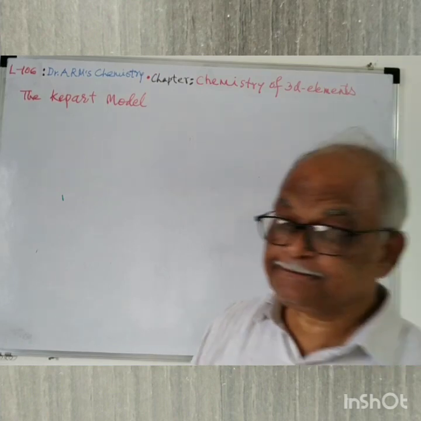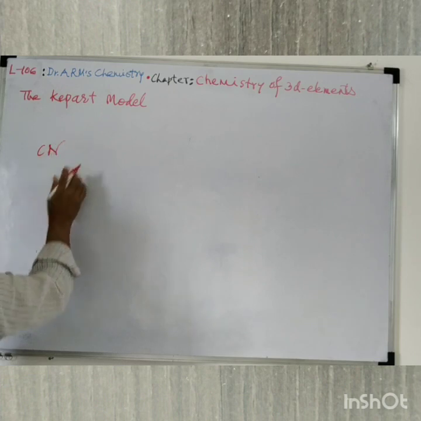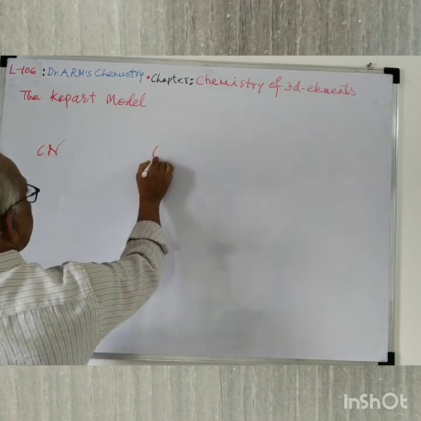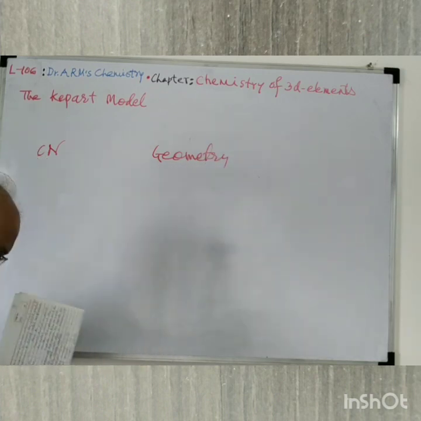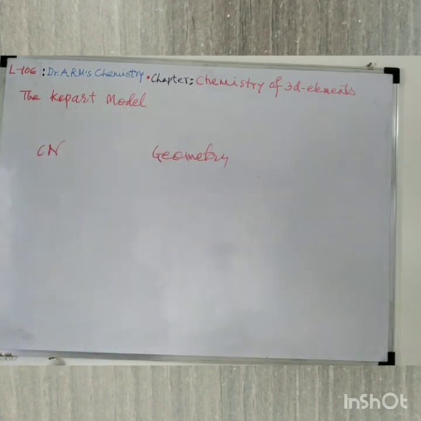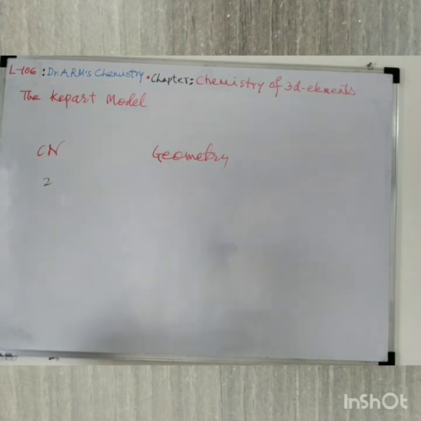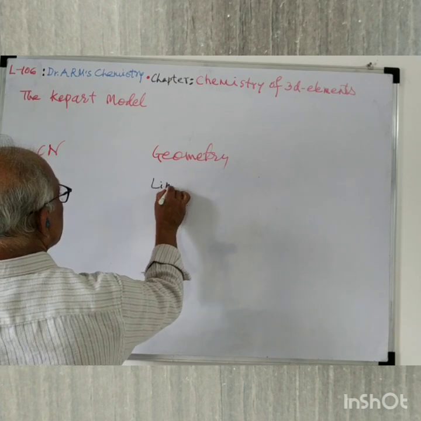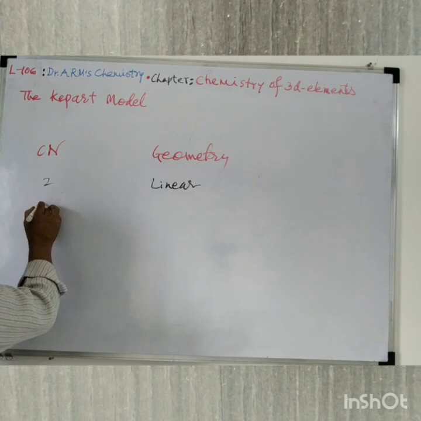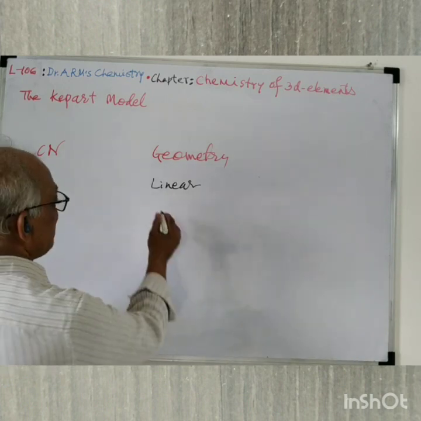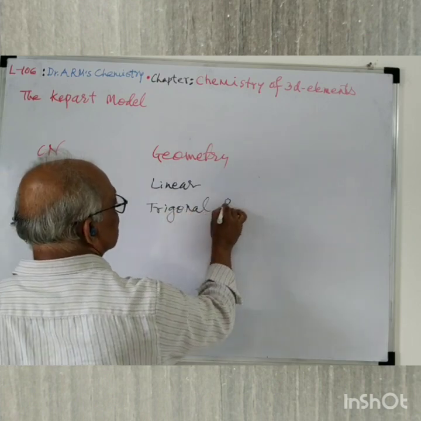If we see here, we can show the coordination numbers and geometries. When the coordination number of the metal ion is 2, the geometry is linear. When the coordination number is 3, the geometry is trigonal planar.